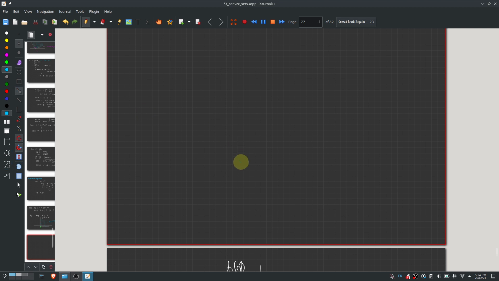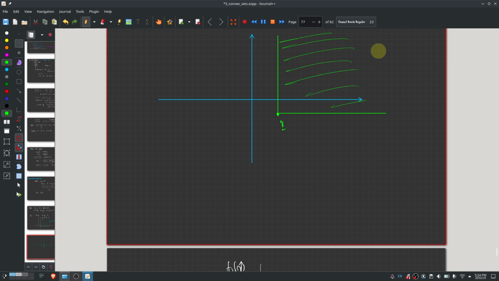Let me just redraw that. So I have a point x. So this region is the set of all points y such that y is greater than or equal to x. What about the set of all points which are less than or equal to x?